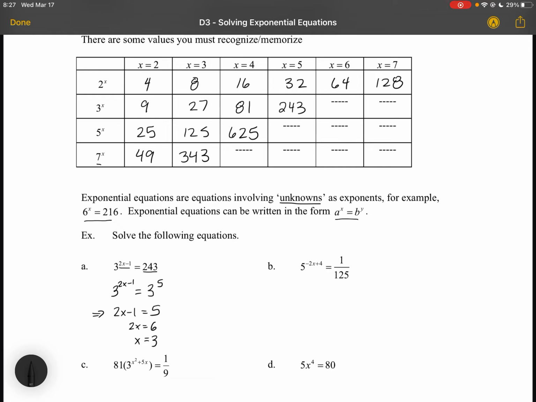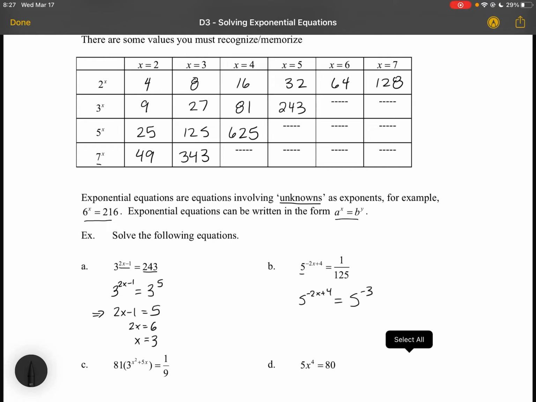So on my left-hand side, I have a power with a base of 5. On my right-hand side, I have something that looks like I could maybe express it as a power of 5. Because I have a fraction, I know that my exponent is going to be negative, and I can represent 1 over 125 as 5 to the minus 3.